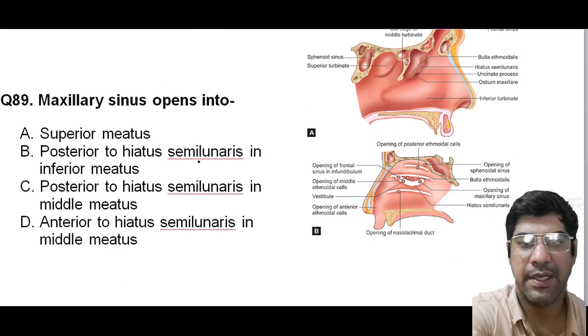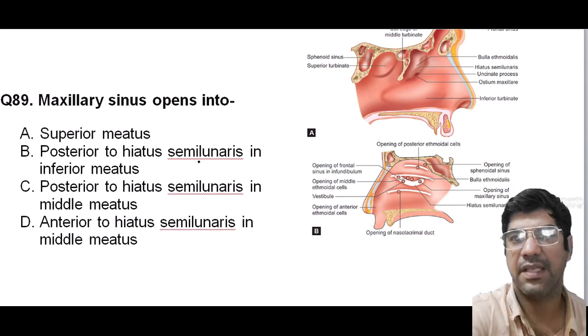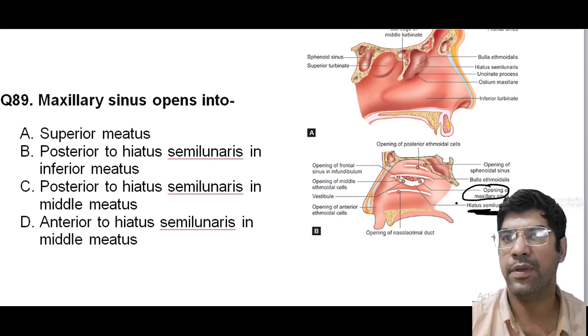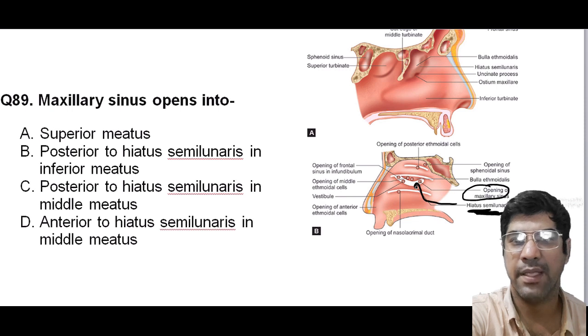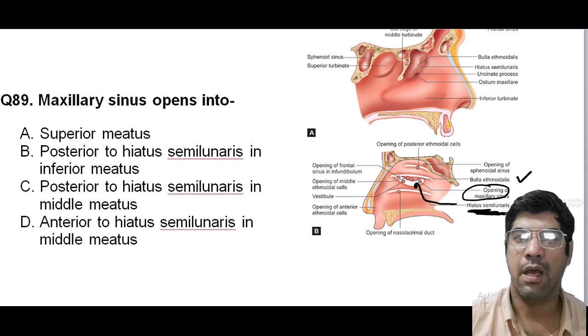The maxillary sinus opens into the middle meatus. For the opening of the maxillary sinus, there is a region known as the hiatus semilunaris. In the middle meatus there is an elevation, the bulla ethmoidalis, and below it is the hiatus semilunaris.